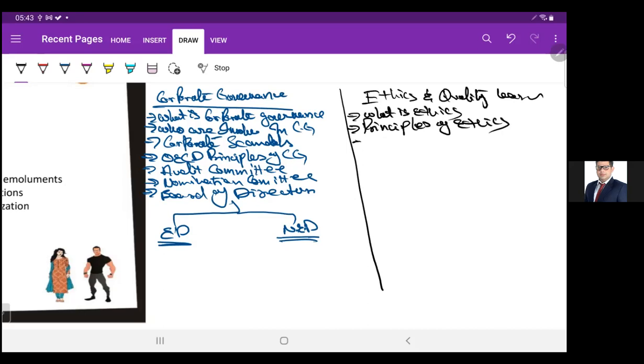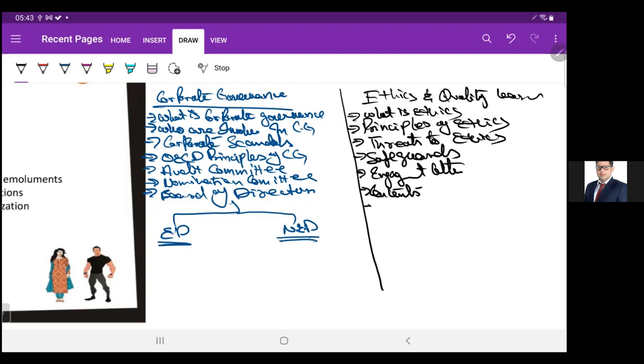Then we will learn threats to ethics. Then we will learn about the safeguards which we can apply to reduce the ethical threats. Then we will learn what is an engagement letter, the contents of an engagement letter, how advertisement is allowed for firms, and what is tendering.